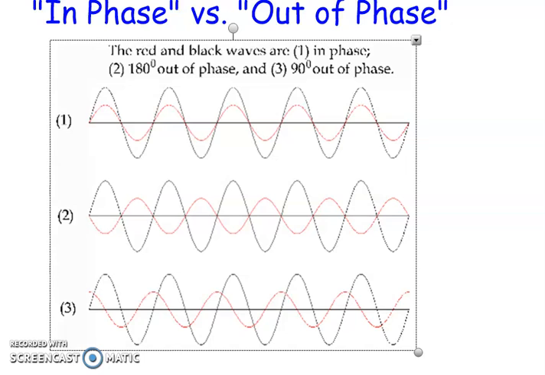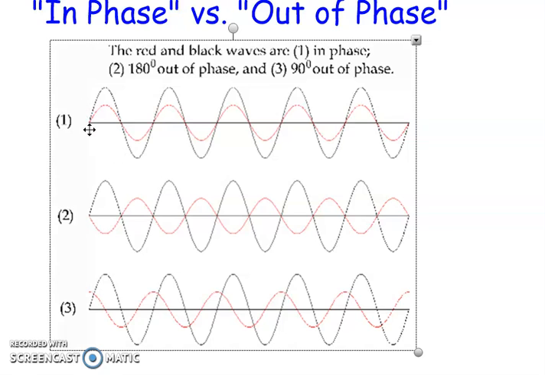The last thing that we need to talk about right now, a little bit more, is that whole in phase, out of phase thing. Waves are said to be in phase if the peak, the crest, and the trough are lining up, the equilibriums are lining up. Or if it's longitudinal, if the compressions and rarefactions are lining up and happening at the same time.